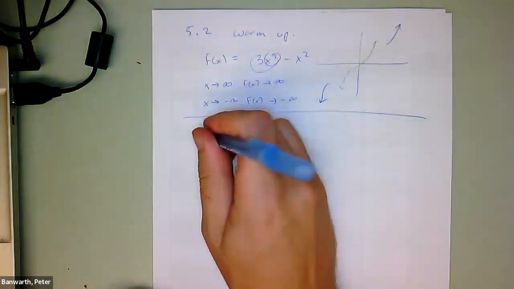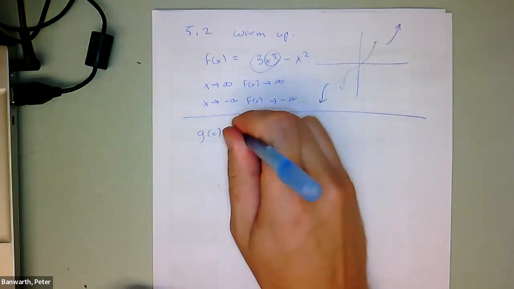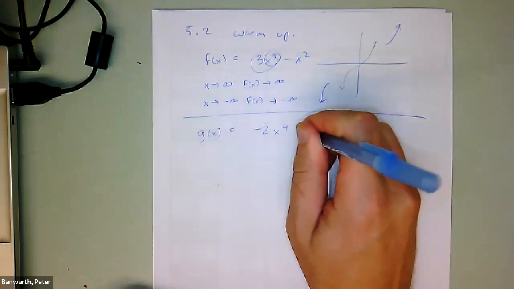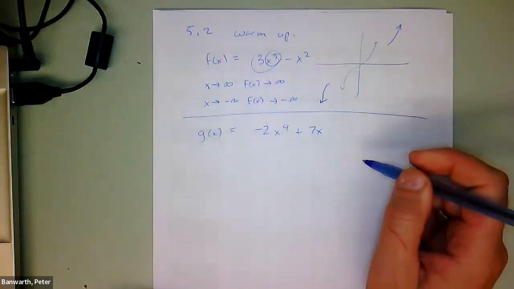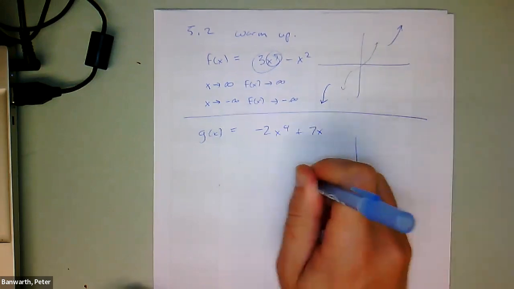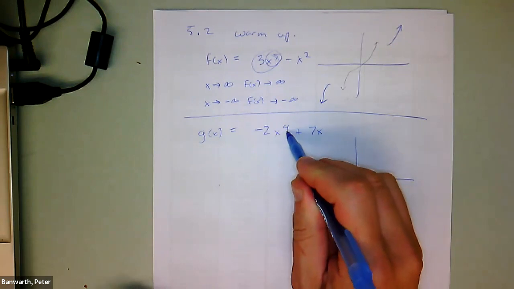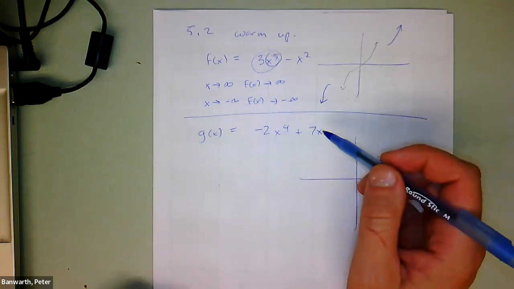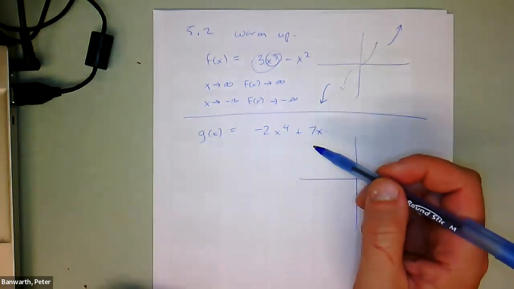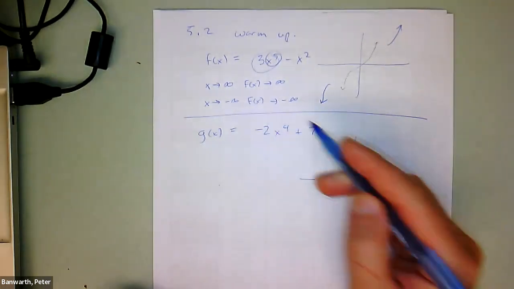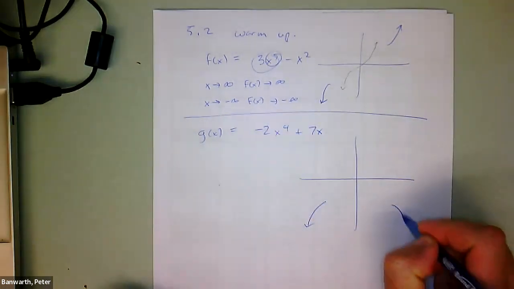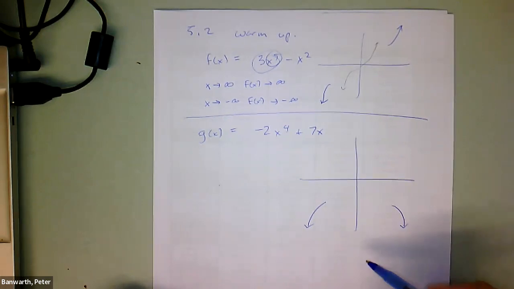There's one. Here's another example, minus 2x to the fourth plus 7x. And here I say, okay, it's x to the fourth, so it's going to basically look like a quadratic, an x squared when we get really big, but they're negative, so it needs to come down like this.